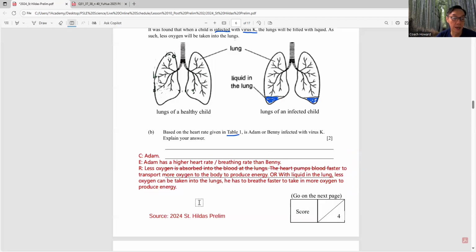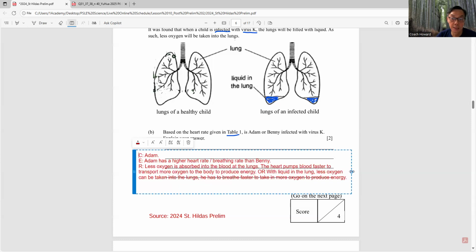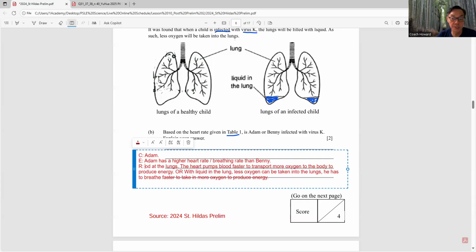And then R is the reasoning, the reason. Less oxygen is absorbed into the blood at the lungs. The heart pumps faster to transport more oxygen to produce energy. Or you can say with liquid in the lungs, less oxygen. Okay, I prefer you use this part. With liquid in the lungs, okay, this is a better explanation.